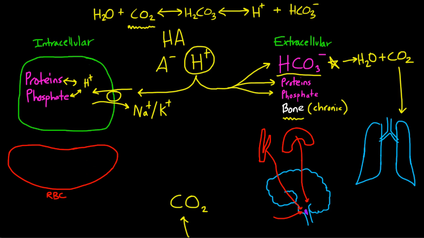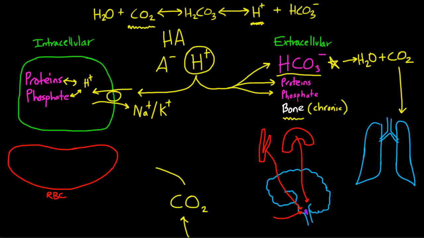Actually, it would just form more carbonic acid, and that would form more hydrogen ions. So that's why this is dangerous. It produces an acidosis and will drop the pH, and that's not what we want. So these components can't be handled by this buffering system. It's going to produce more hydrogen ion. Thus, we have to find other ways to buffer CO2.